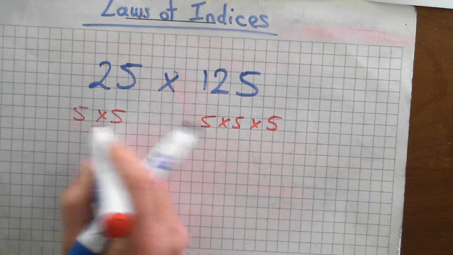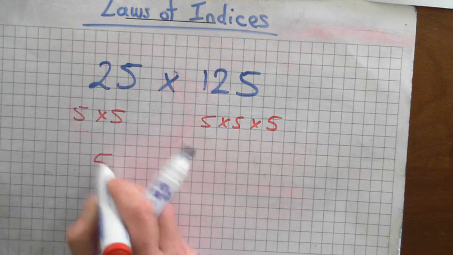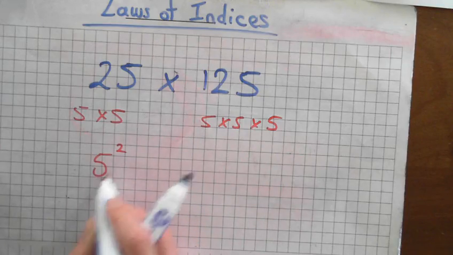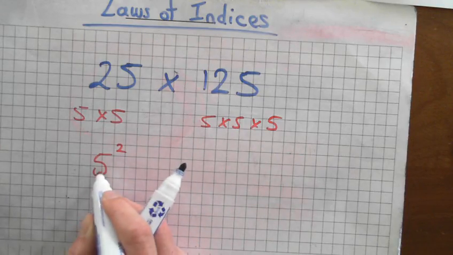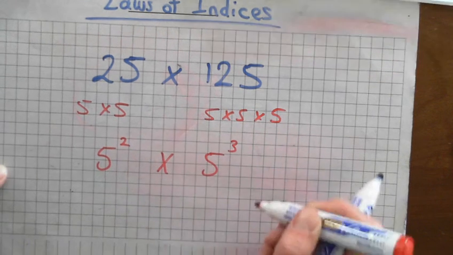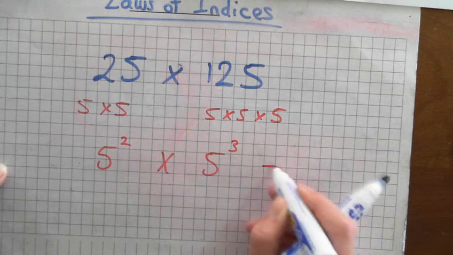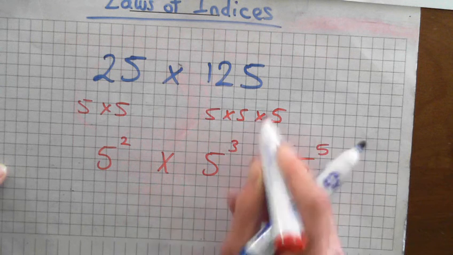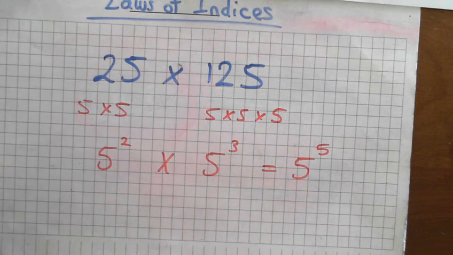How else can I write 5 by 5? 5 squared, base 5. That's how you write it to the base. It's called writing to the base 5: 5 squared times 5 to the 3. And when I do that, the answer is 5 to the 5. There are 1, 2, 3, 4, 5 fives.